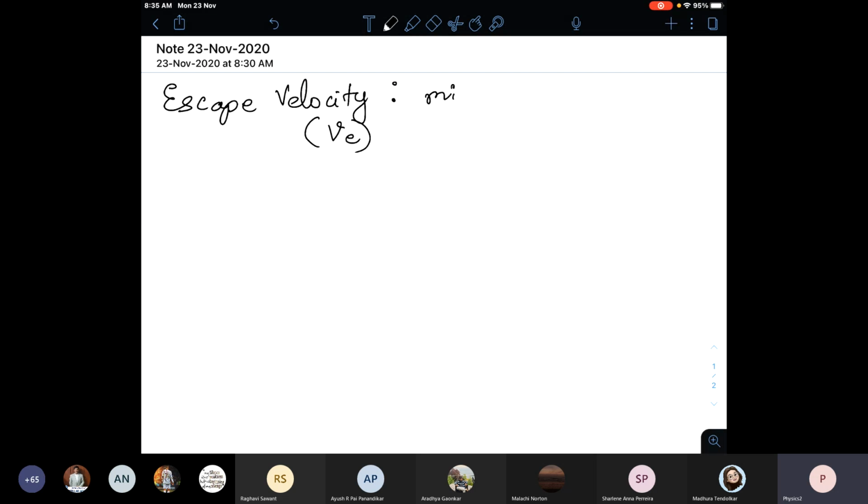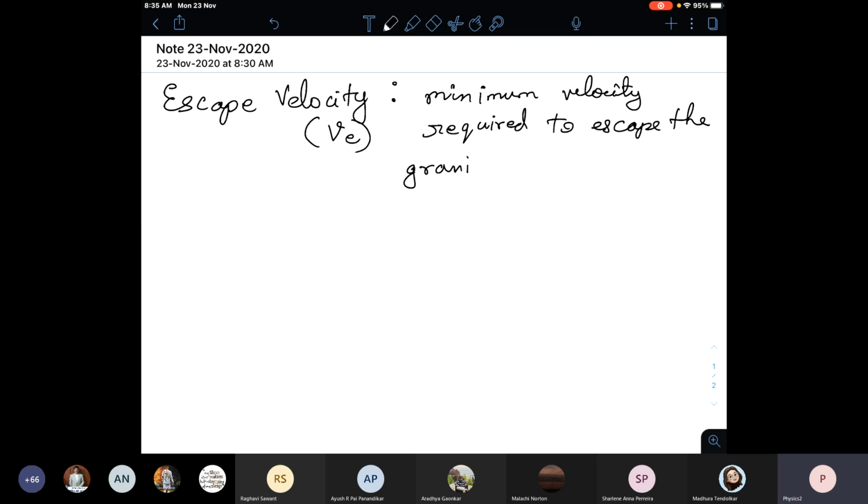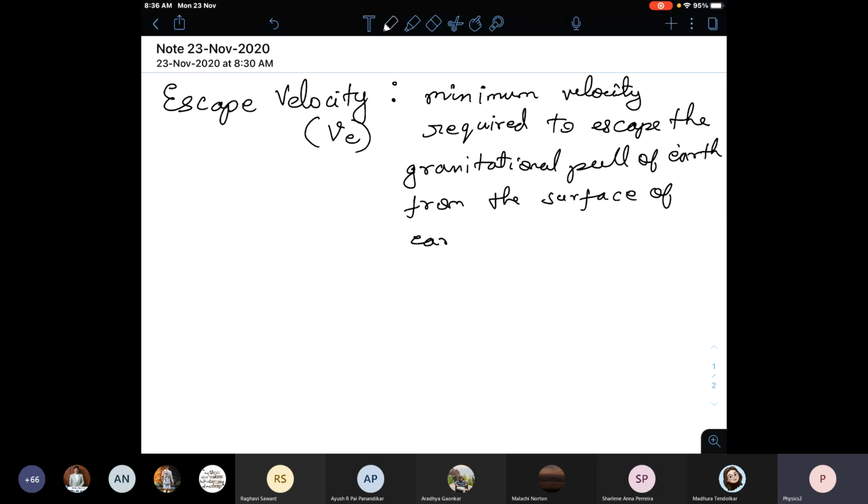It is the minimum velocity required to escape the gravitational pull of Earth from the surface of Earth. This minimum velocity is called escape velocity.